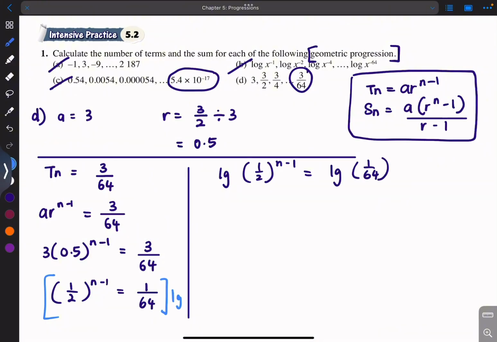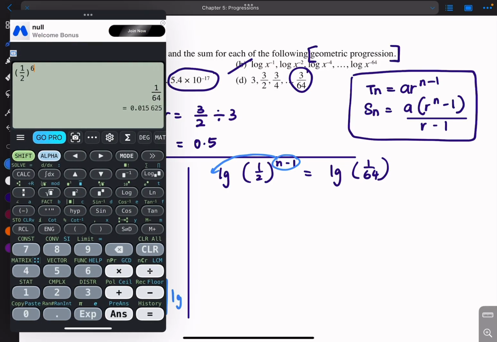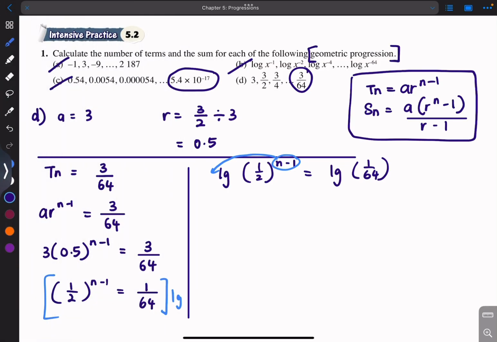And then this power we can bring it down. So (n minus 1) log 1 over 2 equals log 1 over 64.